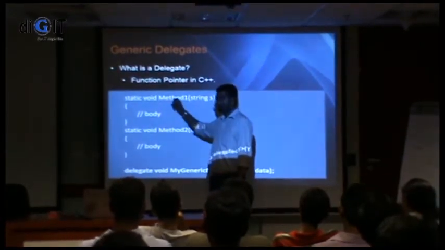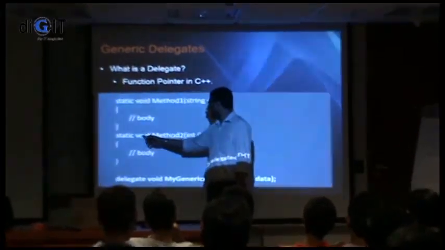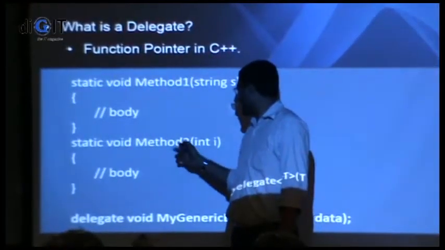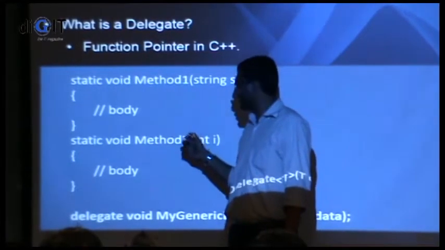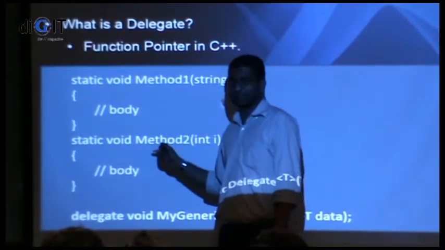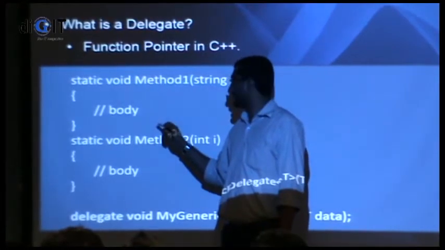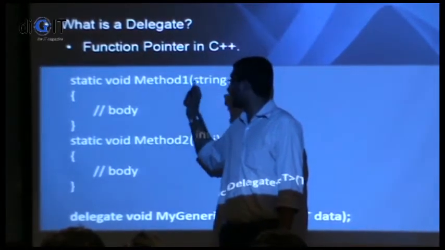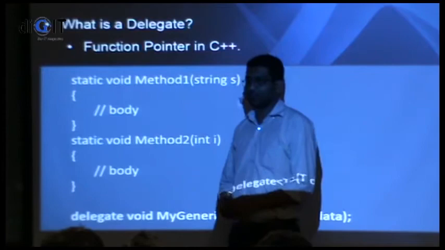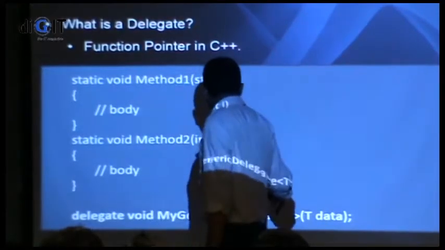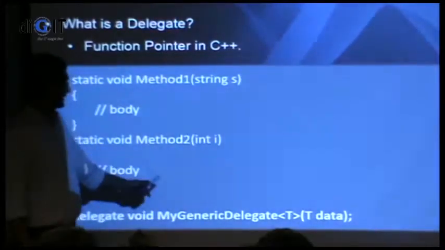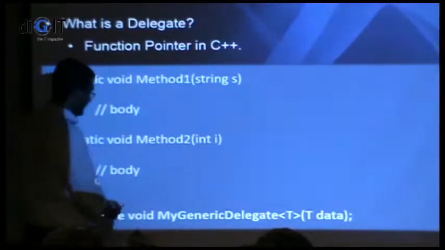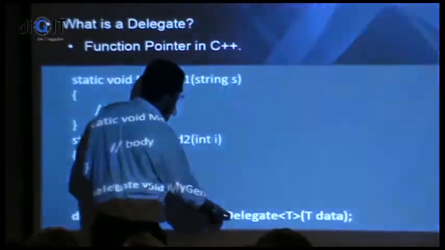If I have a delegate, void MyDelegate, which accepts int, it has the ability to point to this method. But it can't point to this method because it accepts a string. Right? So generic delegates, delegate of T, give you the possibility of using one delegate. We can call both these methods. Right?